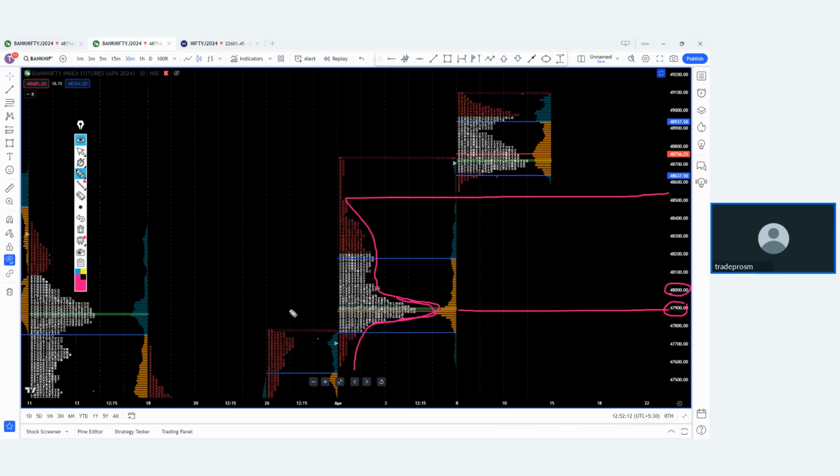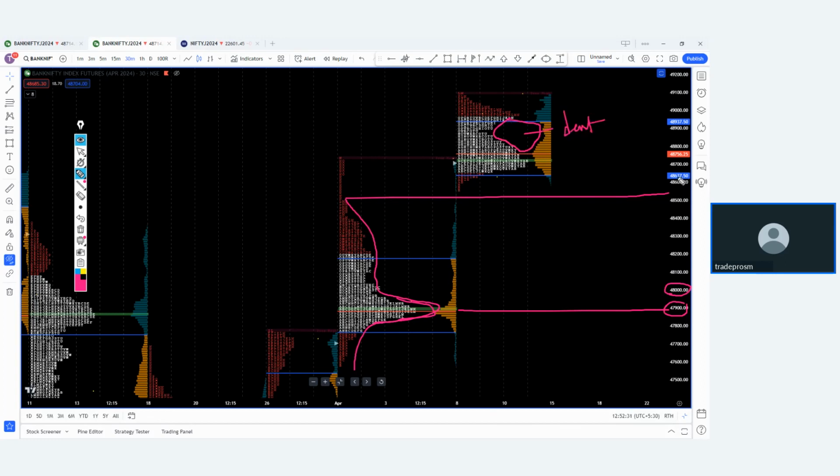If that is not the case, and markets are not interested to break 48,500, and they start trading above 48,700 or 750, then the immediate bias is to fill this area. We had a small dent here.